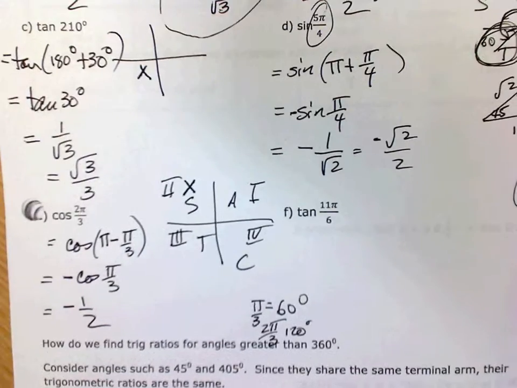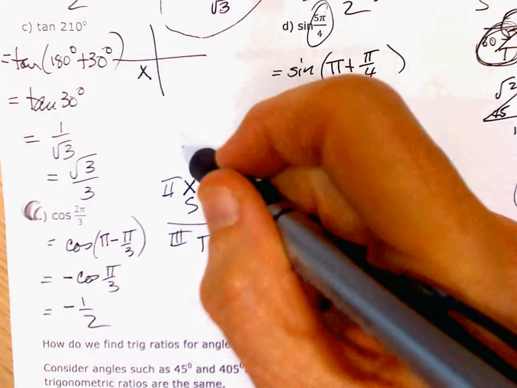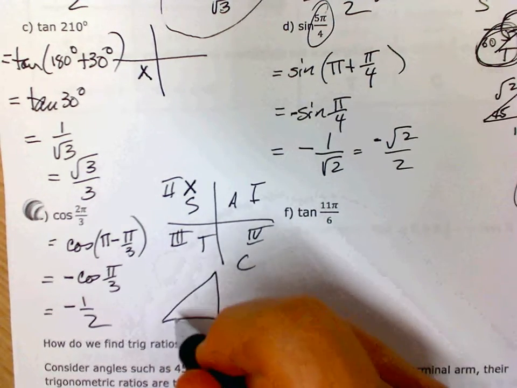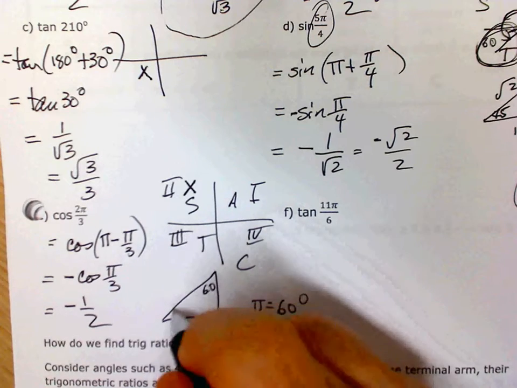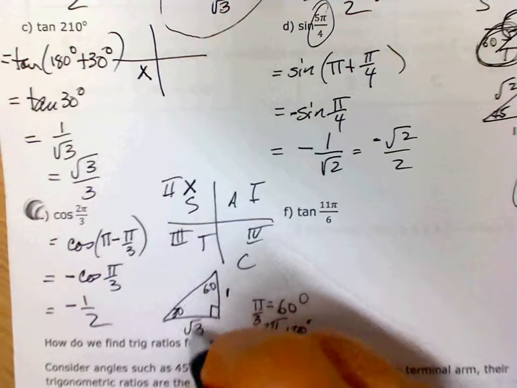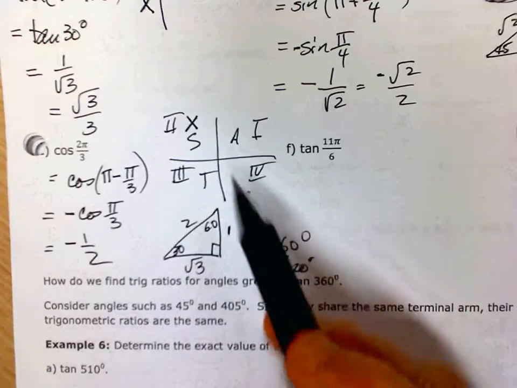You need the 60-30 degree triangle? This one? Cosine of pi by 3 is the same as cos of 60. That's 1 over 2.